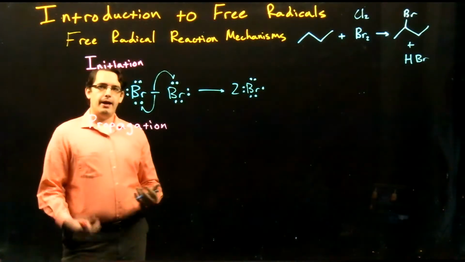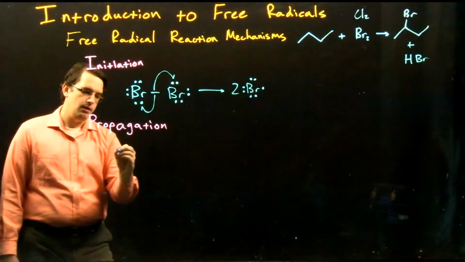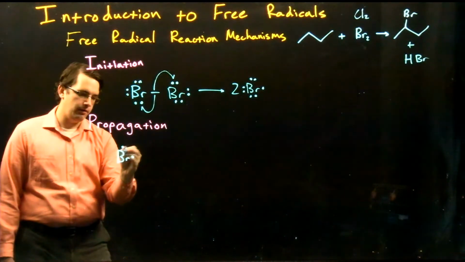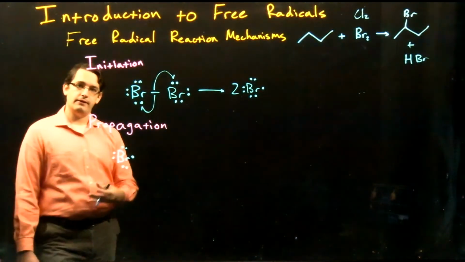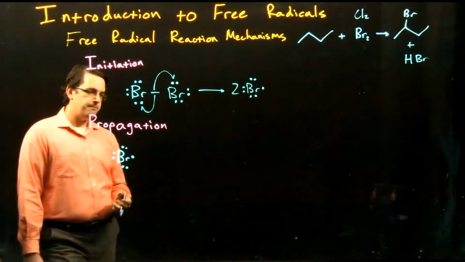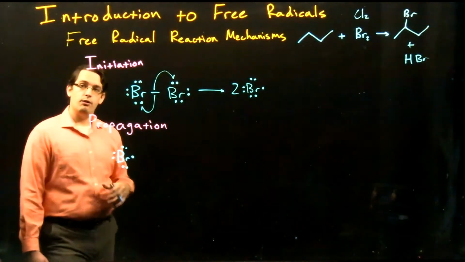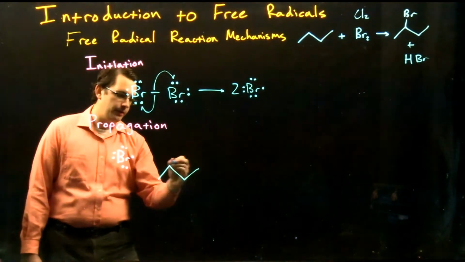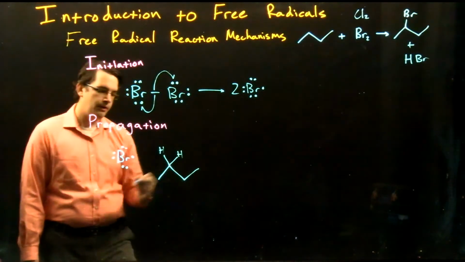Once we have our free radical formed, we can then proceed with propagation. So in our propagation step, we're going to be starting with our free radical. Again, of course, this is our highly reactive compound that's going to allow for this unique reactivity. And in this case here, of course, we're reacting with our relatively unreactive alkane. So here's our alkane. Of course, we have hydrogens here.